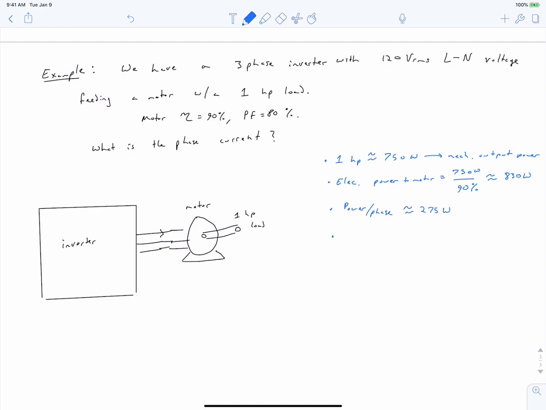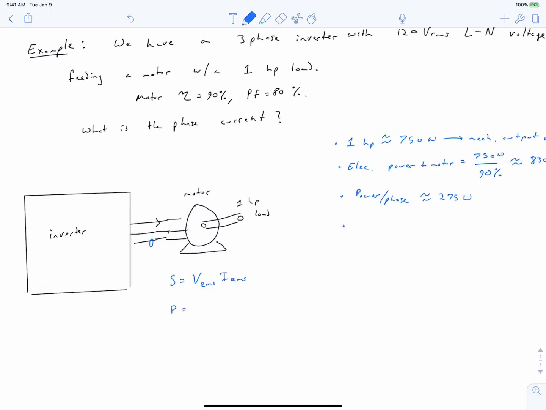And from here on out, we can use the expressions that we talked about in the beginning of this class relating real power to apparent power and power factor. If you recall, apparent power is simply equal to our RMS voltage times RMS current. And we're talking about a single phase system here. So if we have one of these lines, the line to neutral voltage times the line current is going to give us our apparent power. And our real power is going to be our apparent power times the power factor.